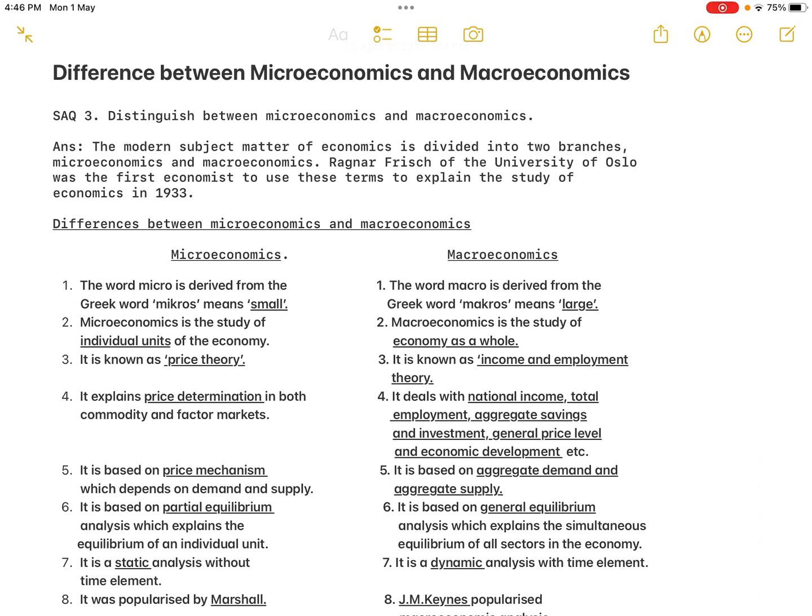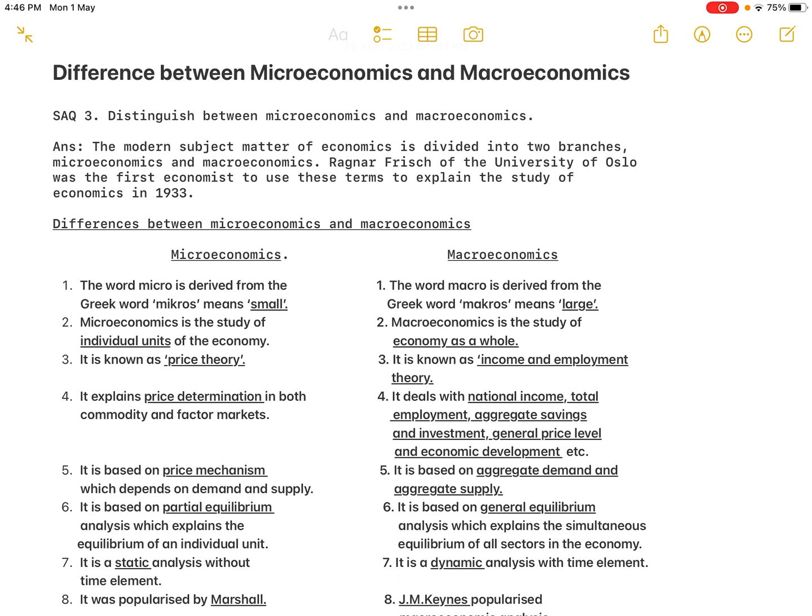Okay, then the third one. Microeconomics is also known as price theory, whereas macroeconomics is also known as income and employment theory. Now why is microeconomics called price theory? Because the main subject matter of microeconomics is how the prices of goods and services are determined.